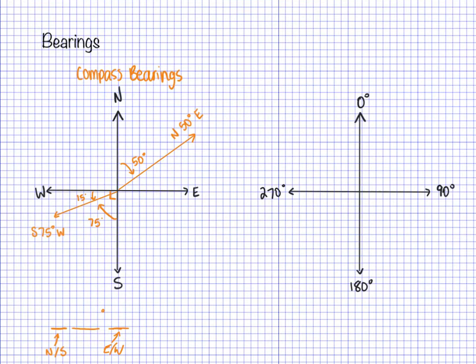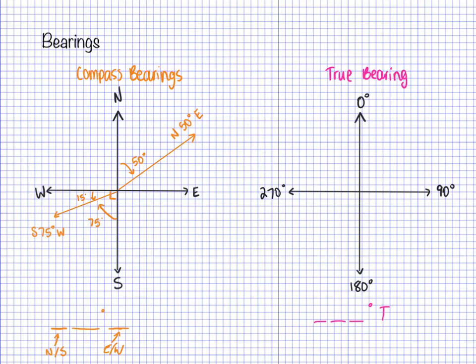The more likely situation is that you'll be asked to find a true bearing. True bearings also have a very set way of notating. We always use 3 digits, so even if our angle's only 1 degree, we write 0, 0, 1. Then we have the degrees symbol and T standing for true.